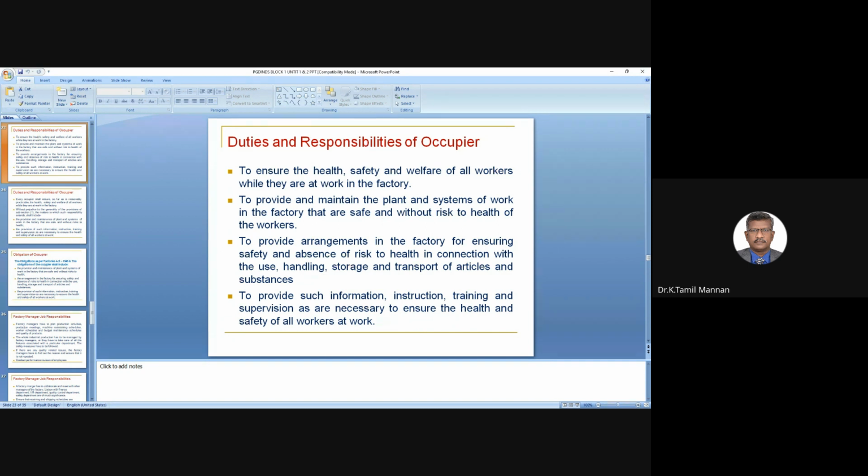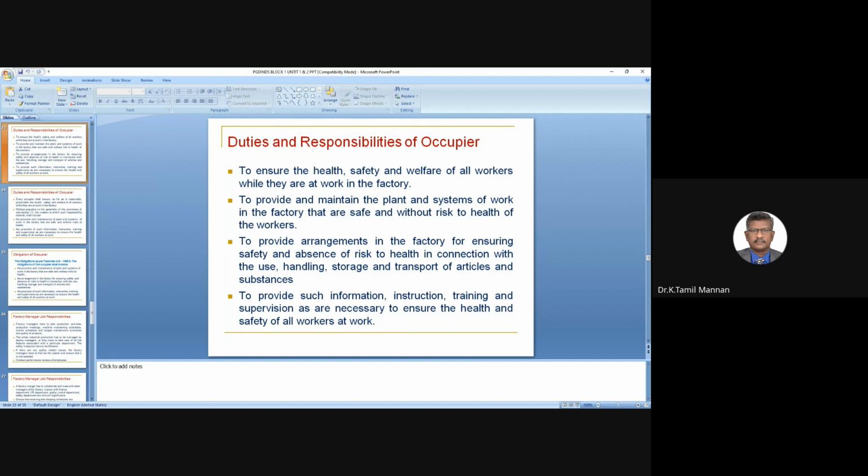To provide such information, instruction, training, and supervision as are necessary to ensure the health and safety of all workers at the workplace. So the responsibility of the occupier is to provide relevant information, instruction, training, and supervision to the workers related to safety.